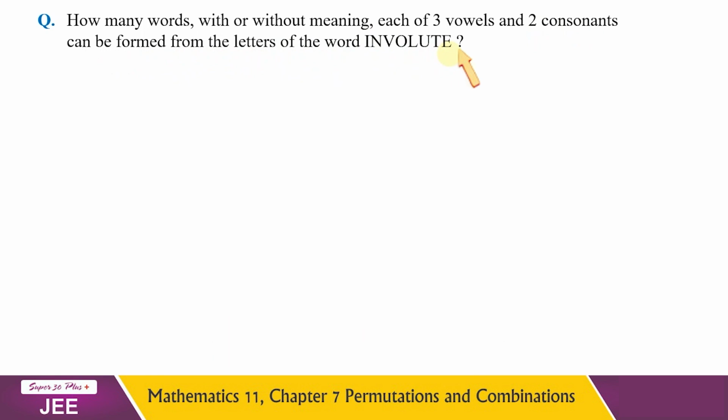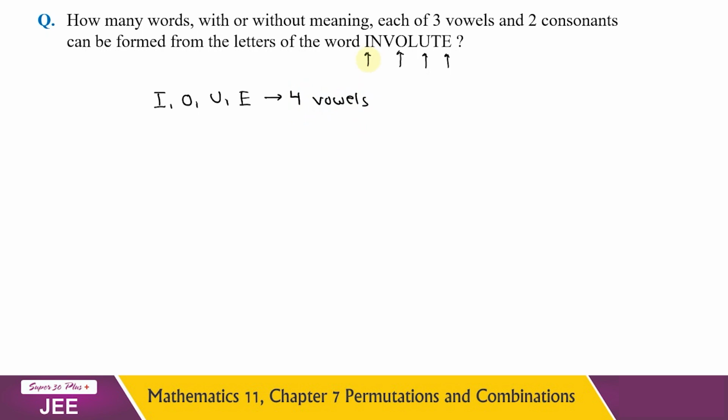Now, since we are interested in segregating the vowels and consonants, we are first going to list them down. In the word INVOLUTE, how many vowels do I have? I, O, U and E, 4 vowels.